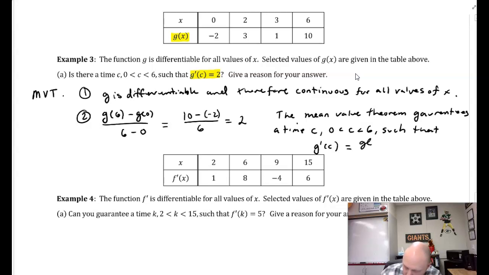But I'm going to add in here g of 6 minus g of 0 over 6 minus 0, which is equal to 2. So we have just shown that the average rate of change on 0 to 6 is 2. Therefore, there has to be a point where the instantaneous rate of change is equal to 2 as well.